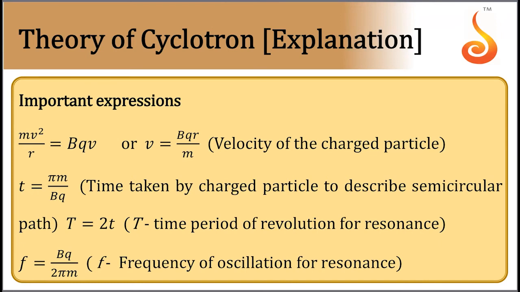Capital T is 2 times t, the time period of revolution. For resonance, the frequency of revolution should match the frequency of the oscillator. So f is qB by 2 pi m, the frequency of oscillation for resonance. Note down this.